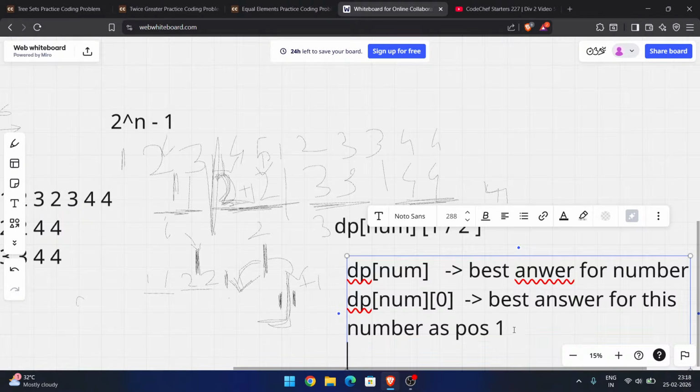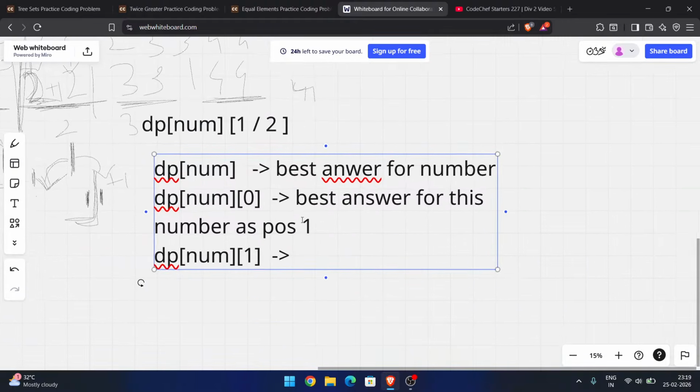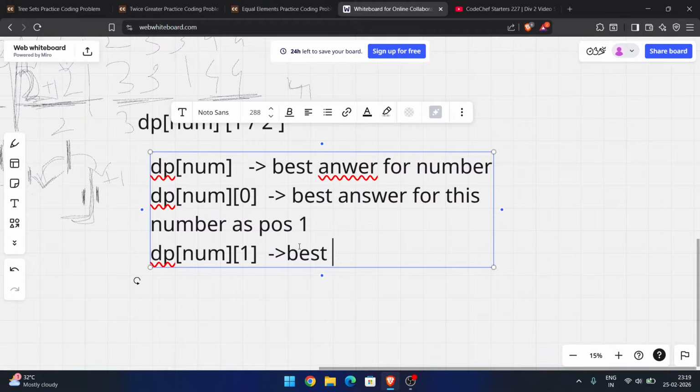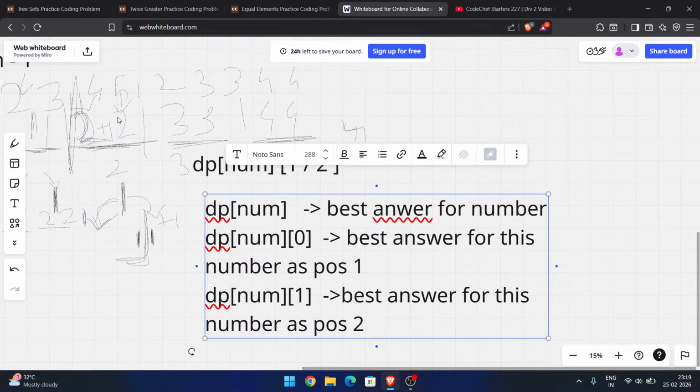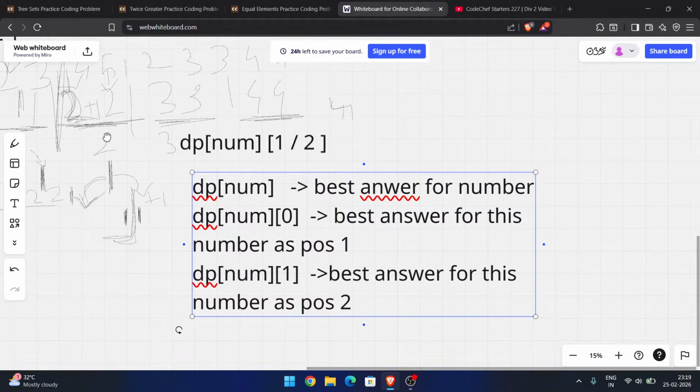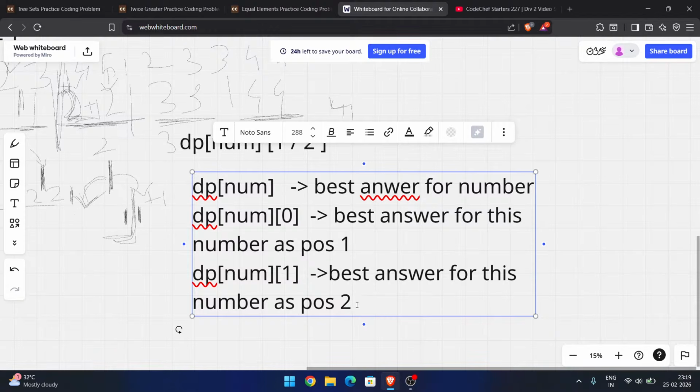And DP of one shows the best answer for this number as position 2, the best answer for the number 2 if it's ending at this 2.